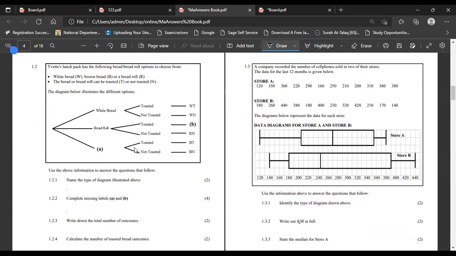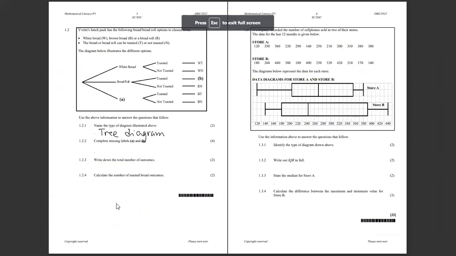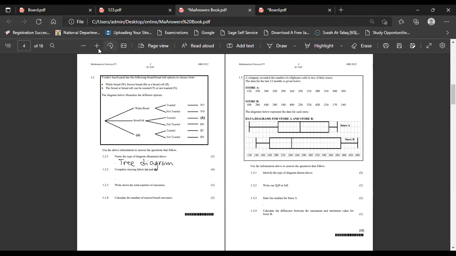The type of diagram that you see here, everyone knows it, we call it the tree diagram. The tree diagram.